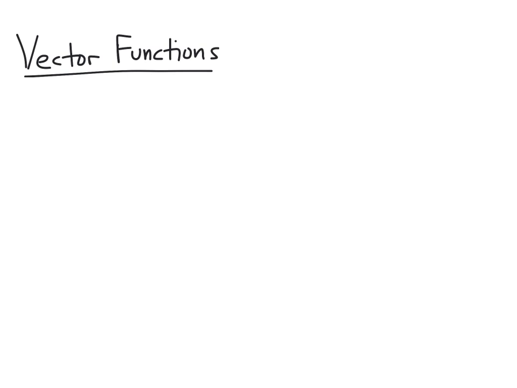And later on, we're going to be doing multivariable functions as well, but for now, we're going to focus on vector functions. So to define a vector function, we're going to start by letting capital D be a set of real numbers.